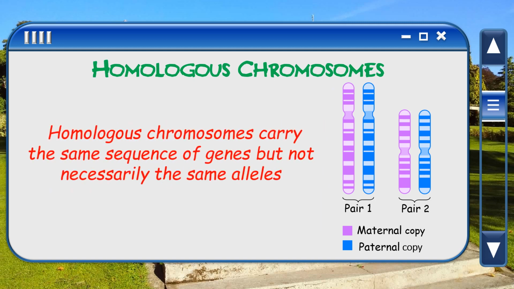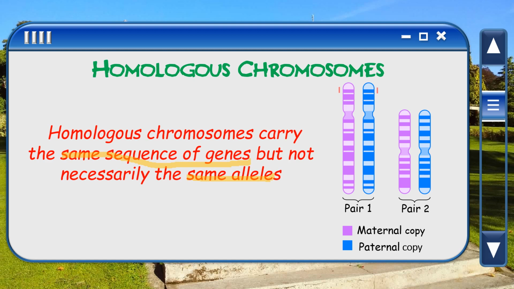So homologous chromosomes carry the same sequence of genes, but not necessarily the same alleles. This gene here is the same as this gene.